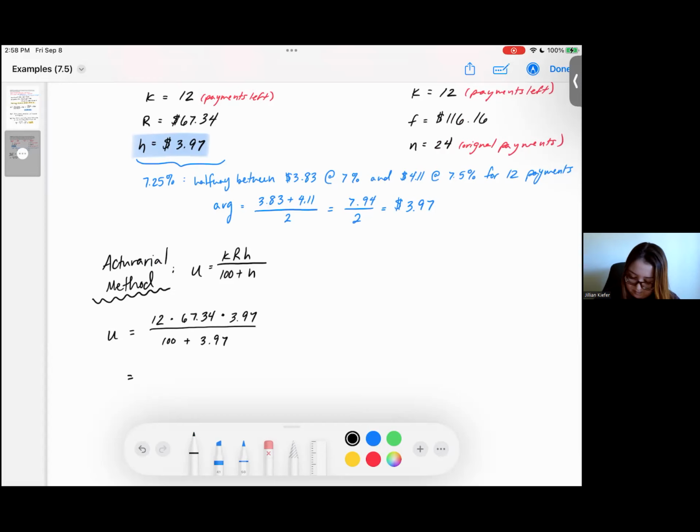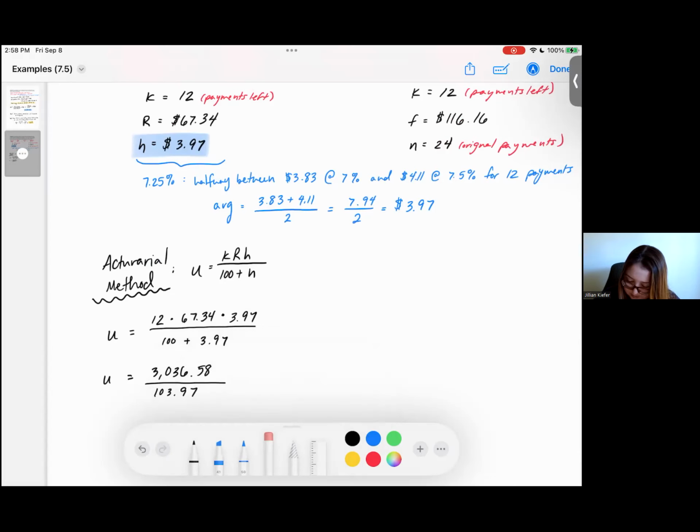When we do, we can simplify it a little bit. Our numerator will end up being 3,036.58 divided by 103.97.